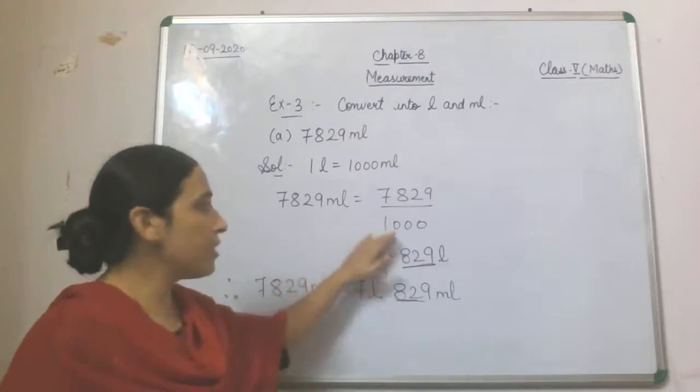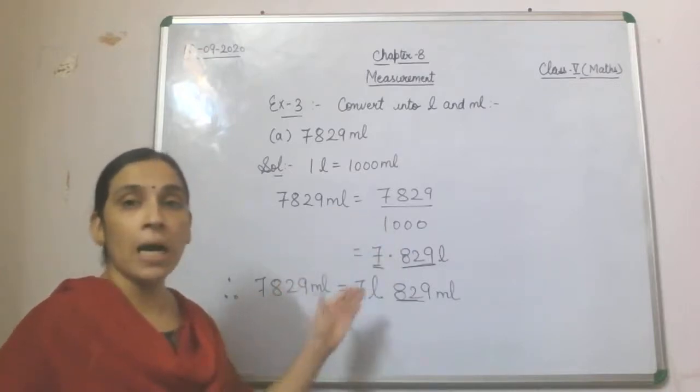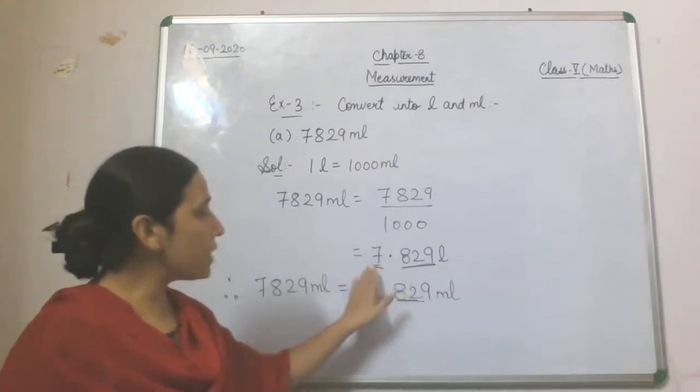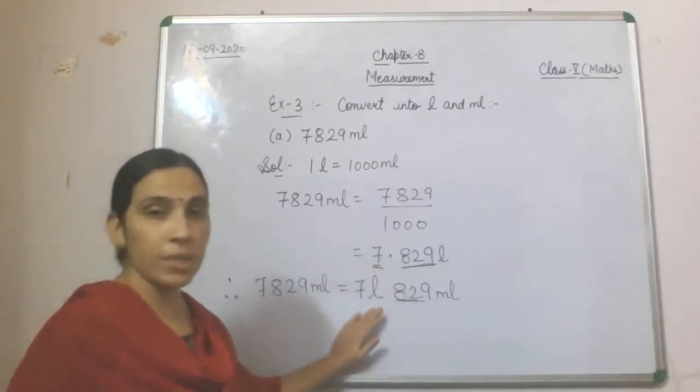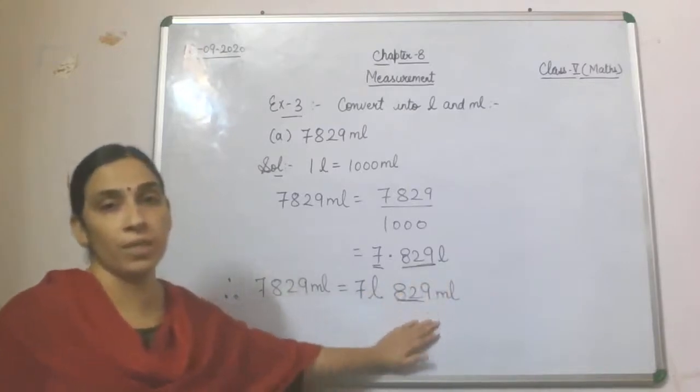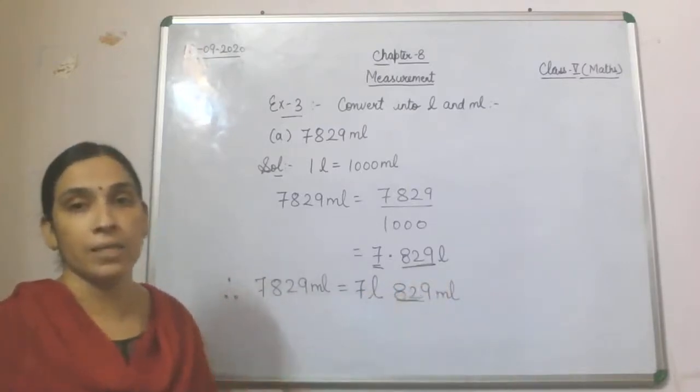You just divide by 1000 and change it into decimal. The part before the decimal becomes the bigger unit, and the part after the decimal becomes the smaller unit, that is liter and milliliter.